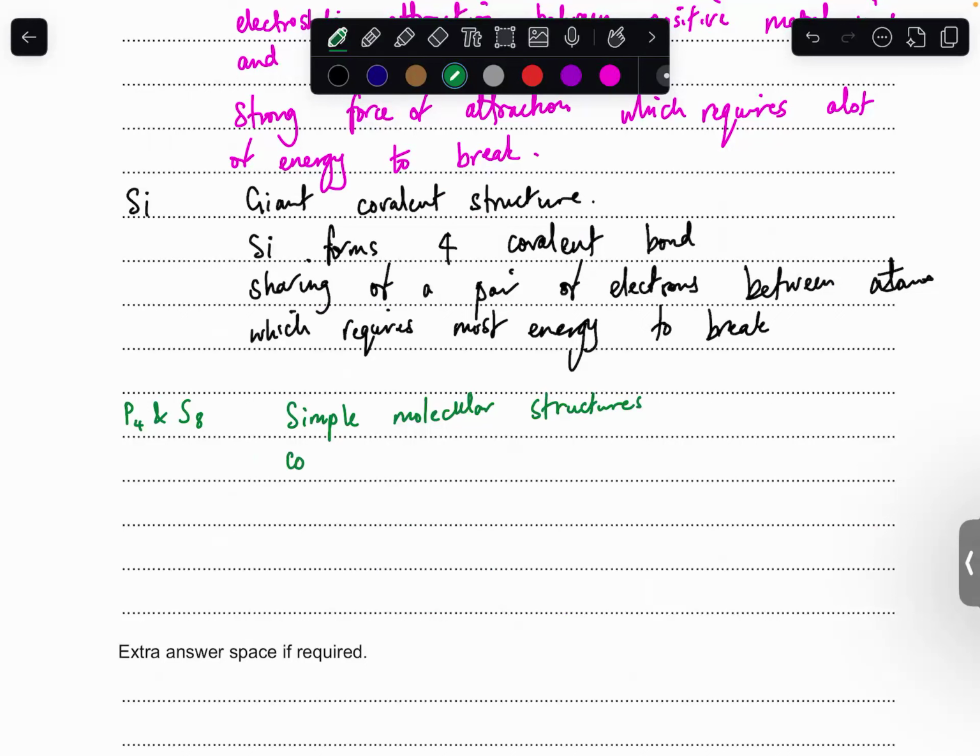There's covalent bonding within the molecule, between the atoms.